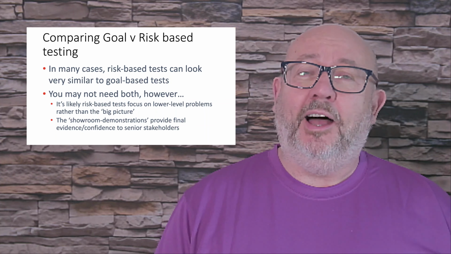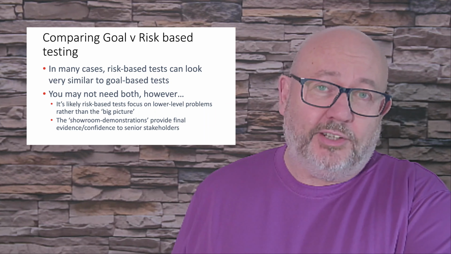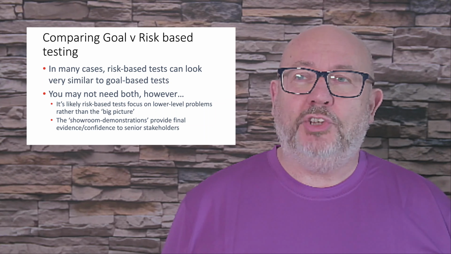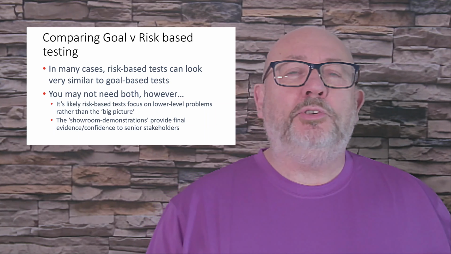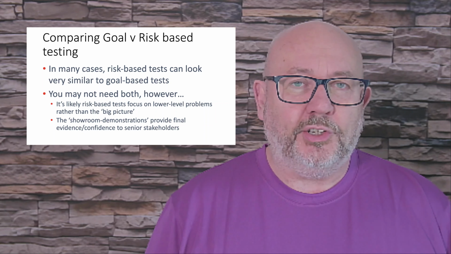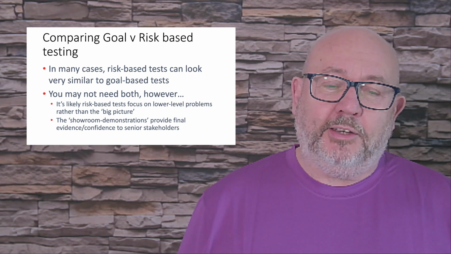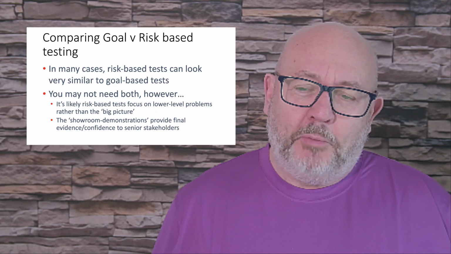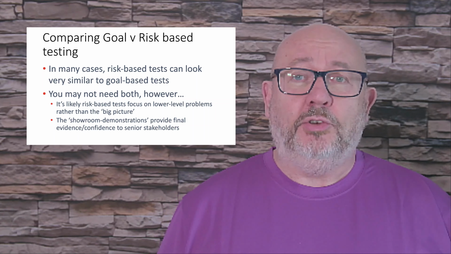So there's a very fine line between what a risk-based test looks like and what a goal-based test plan looks like. But you kind of need both, because you need to both have a risk-based approach to find the bugs, but you also need to do this kind of final demonstration, this production of evidence to show the system will meet its cardinal objectives. Now you might think of these final tests, these acceptance tests as like showroom demonstrations, but they're critical in getting the confidence of stakeholders. They have to see the system doing what they want.